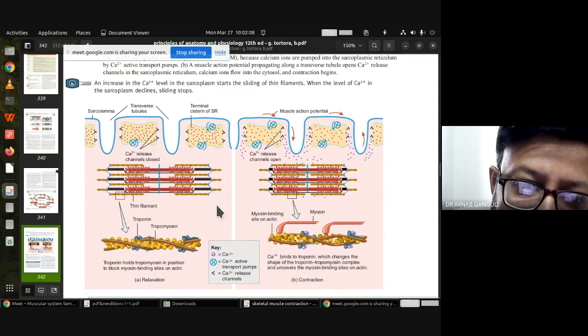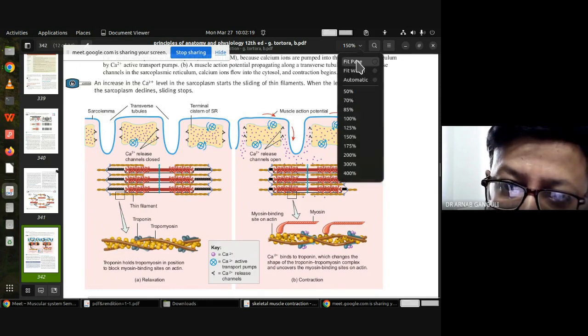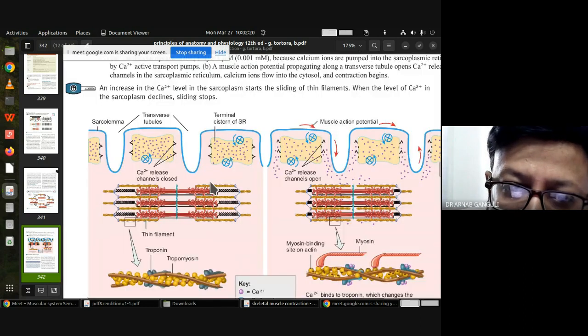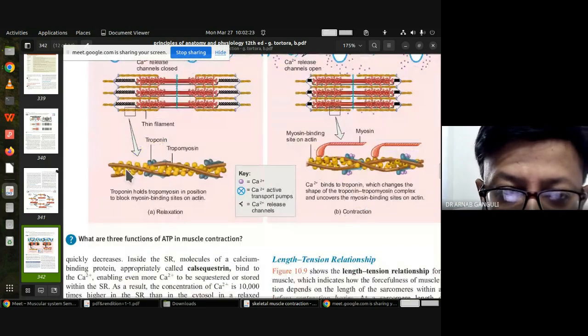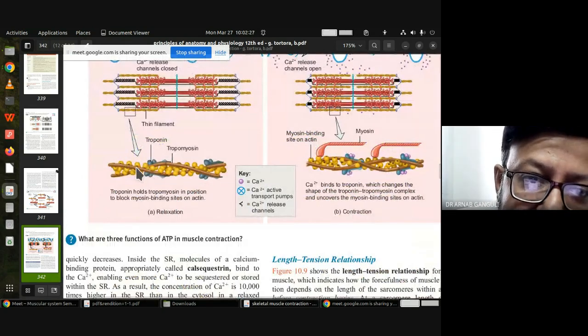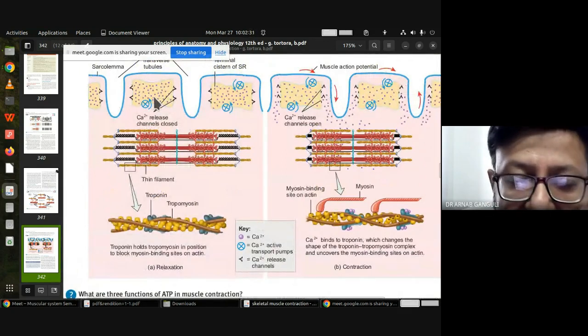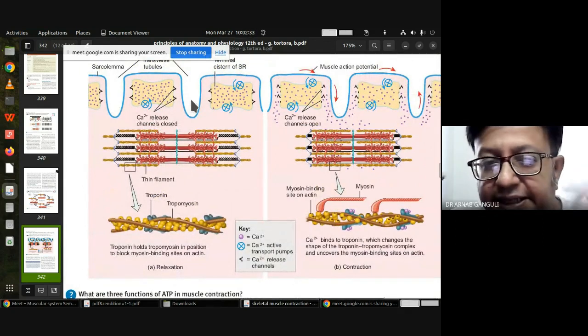These are the myofibrils, the thick filaments, and the thin filaments. Normally the myosin binding sites on actin are closed, and all calcium is in the sarcoplasmic reticulum. The muscle is relaxed now.